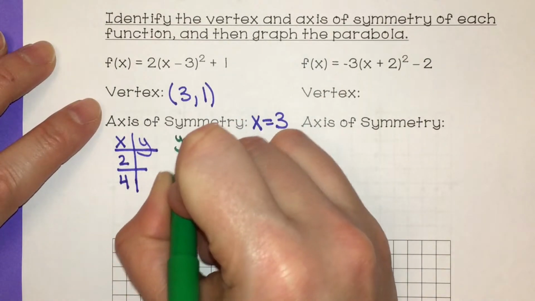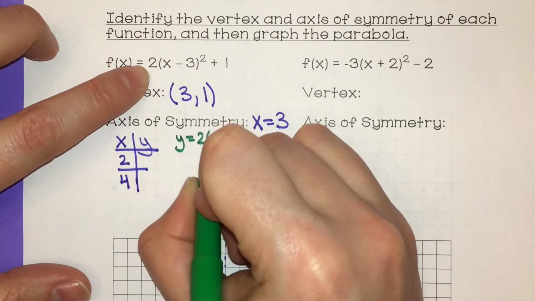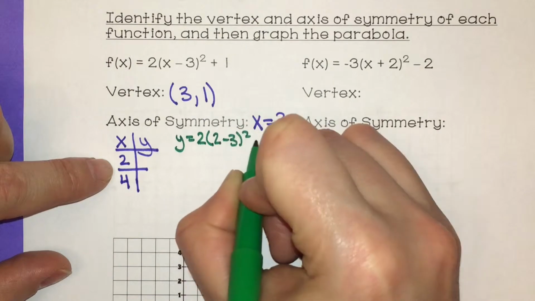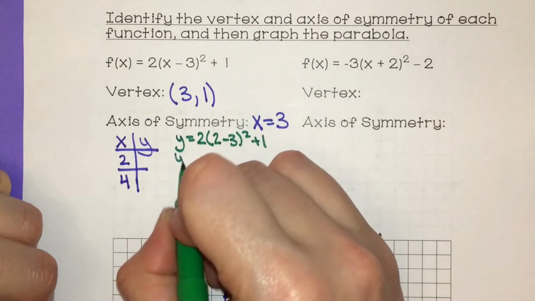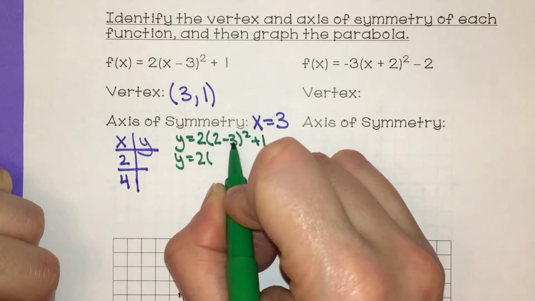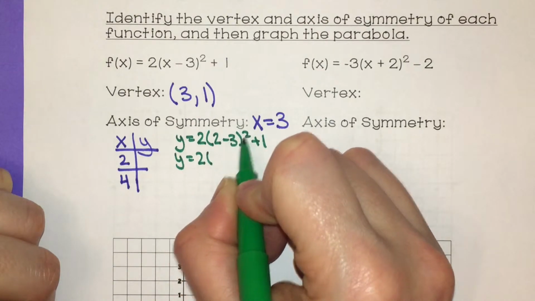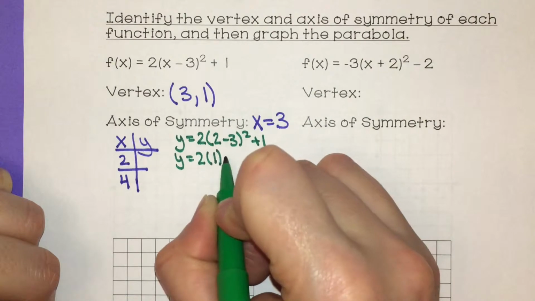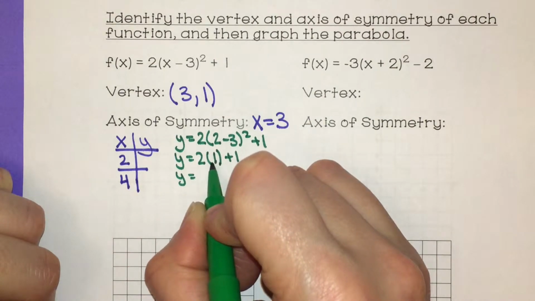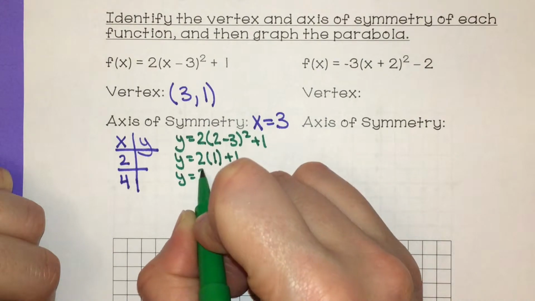So we have y equals 2 times, our first one is where x is 2, minus 3 squared plus 1. We simplify this, we get 2 times 2 minus 3 is negative 1. Negative 1 squared is positive 1 plus 1. Gives me 2 times 1 is 2. 2 plus 1 is 3.